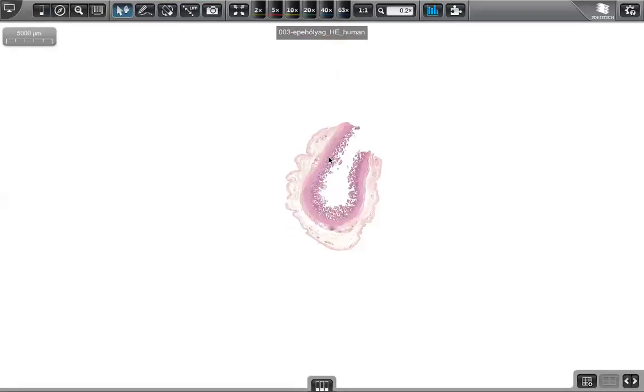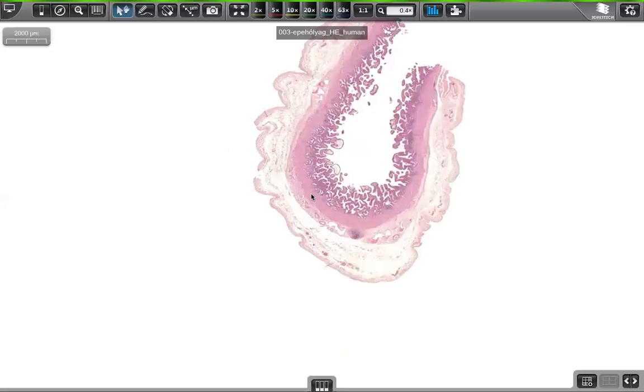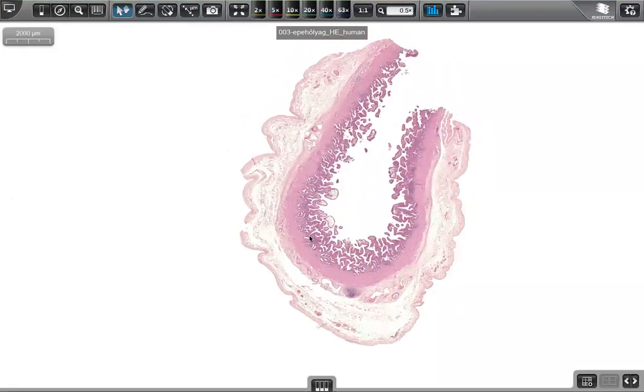You know, we have some slides representing organs with neither muscularis mucosae nor submucosa, such as the gallbladder, seminal vesicle, ureter, some part of the bladder, and fallopian tube as well.